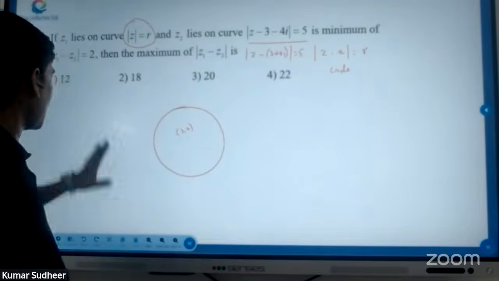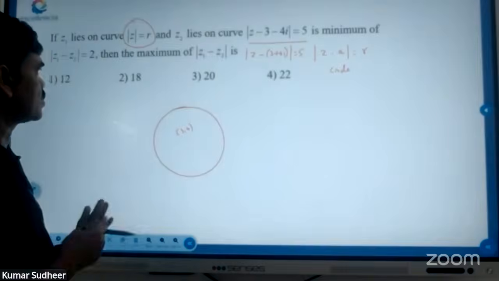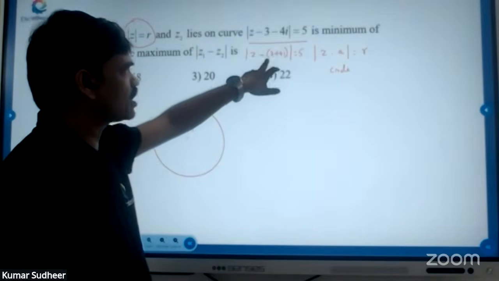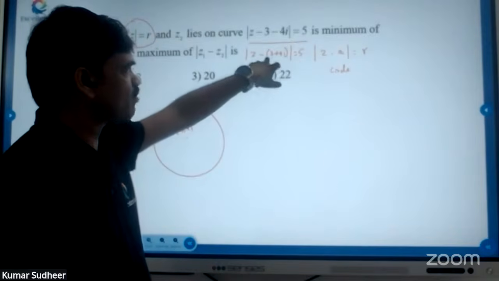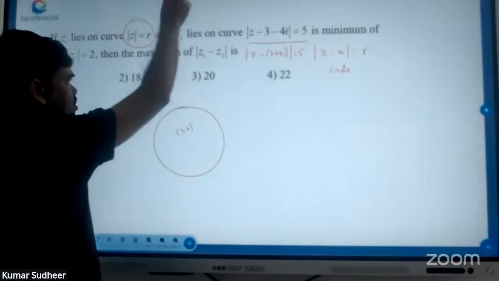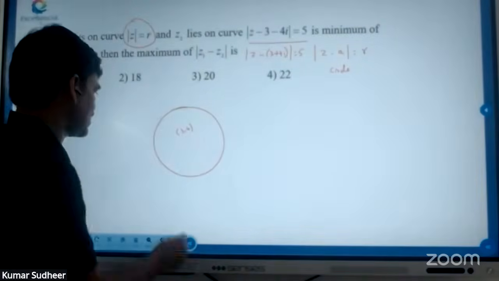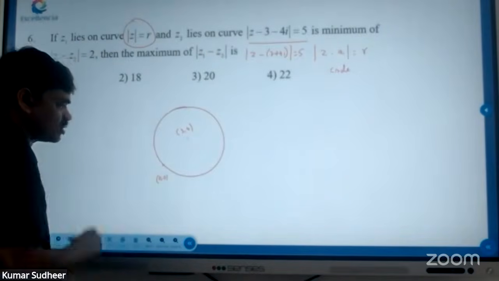Another circle given, center is 0, comma 0. If I substitute 0, comma 0 here, what happens? Modulus of minus 3 minus 4i equal to 5. We know that modulus of minus 3 minus 4i is nothing but 5. That means the origin, the center, lies on this circle.